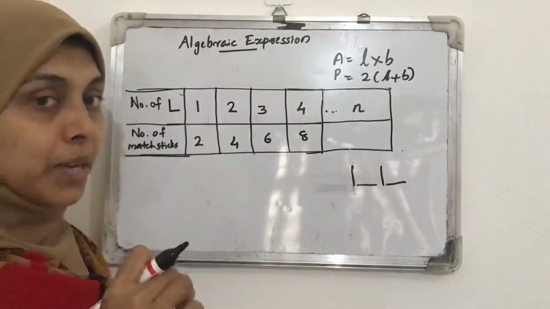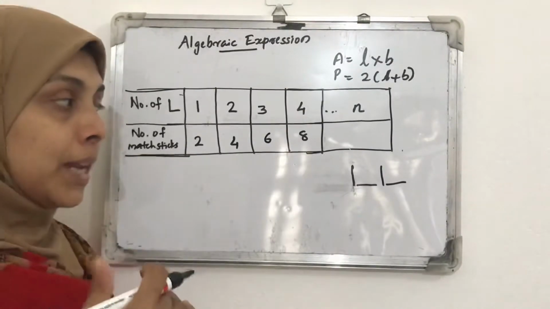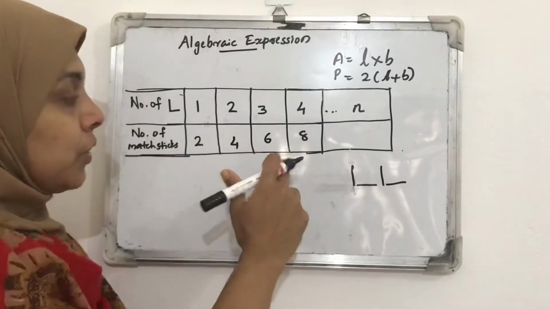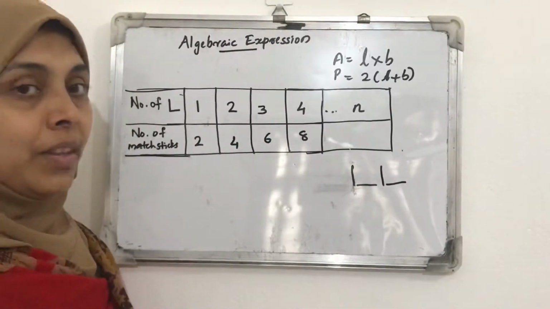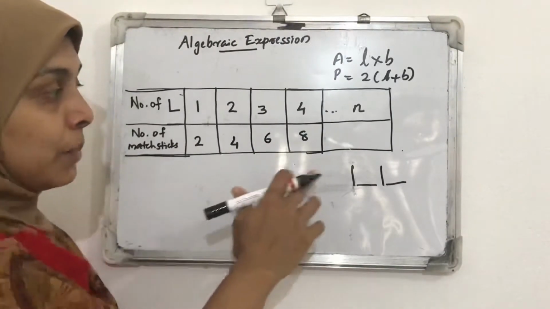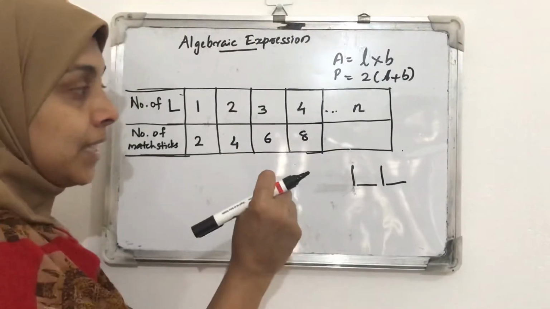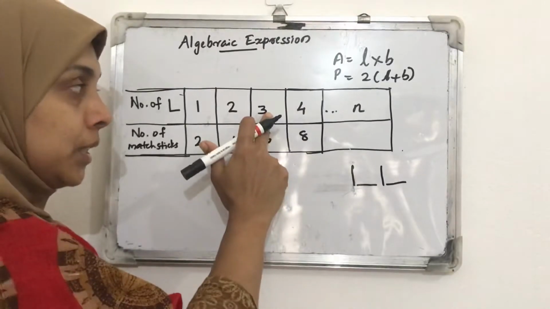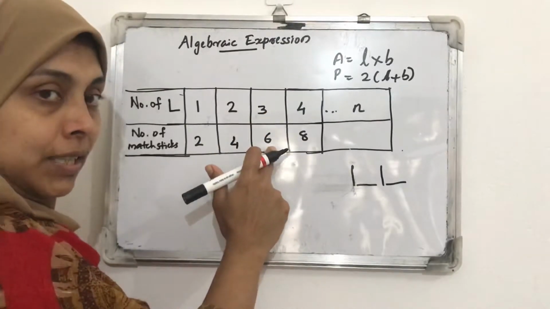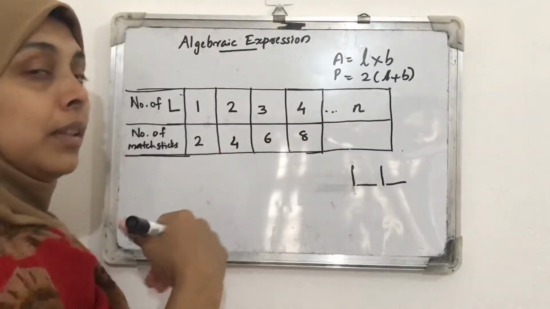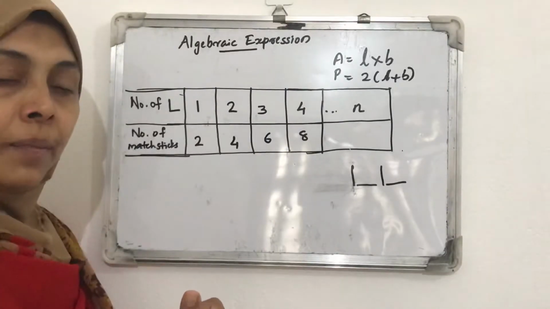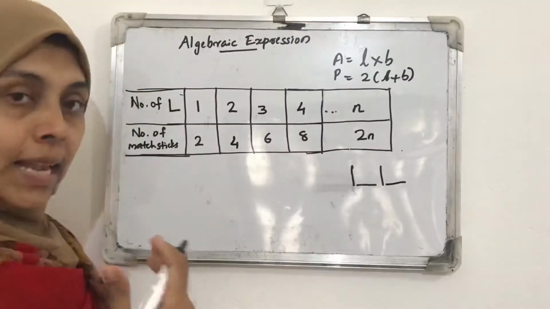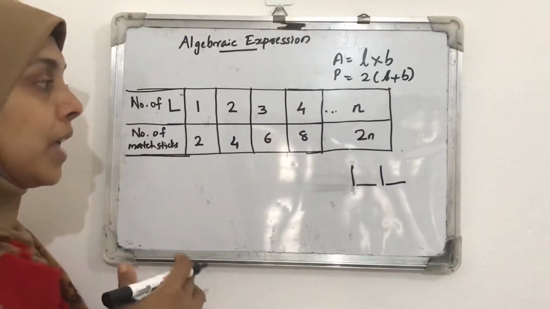Then how many matchsticks will be used? From these examples you can generalize that. If it is 4, the number of matchsticks is 8. If it is 3, the number is 6. So if it is n, the number of matchsticks used will be 2n. This way we can generalize using variables.